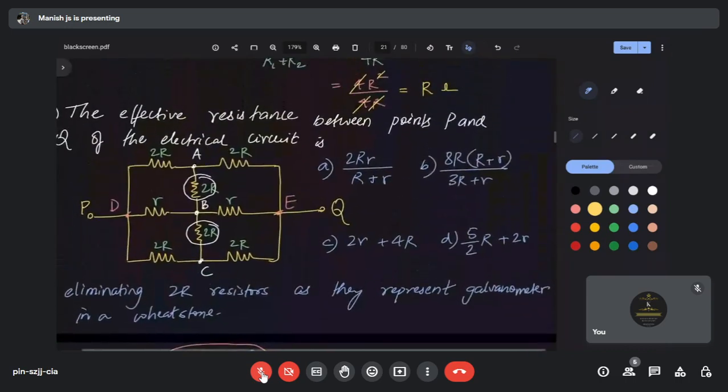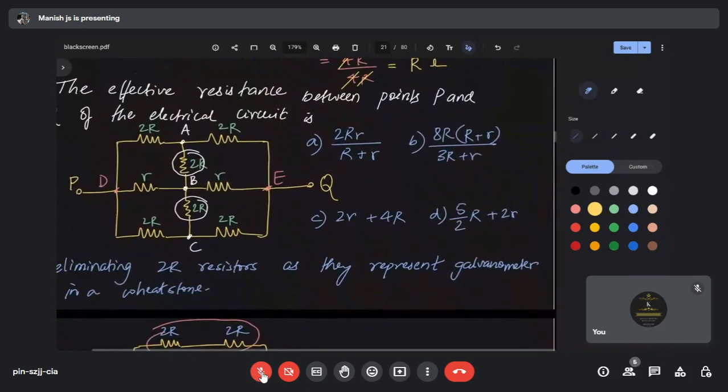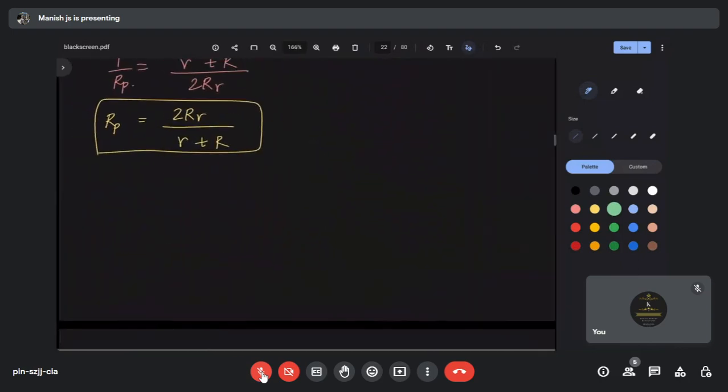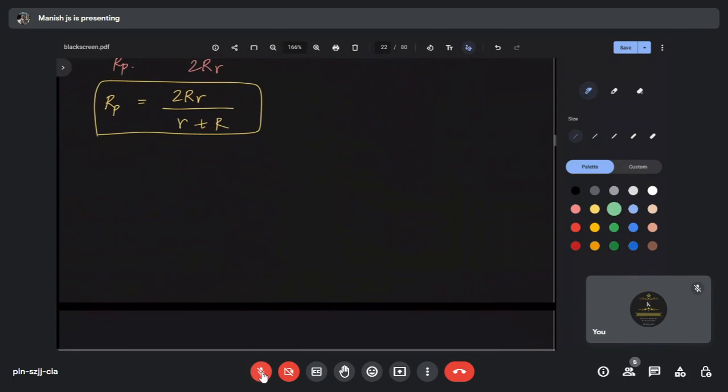So which is the correct option? Option A, sir. Yes, option A is correct. Okay, simple. So this is how you do this type of question. This model question, we do it like this. Next, moving on to the next circuit. Next question.